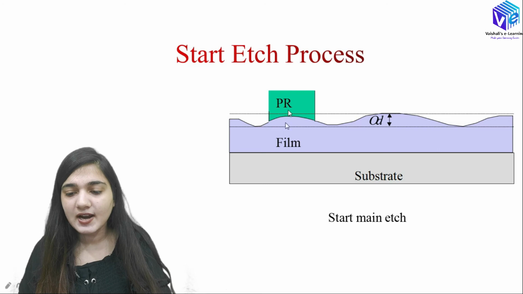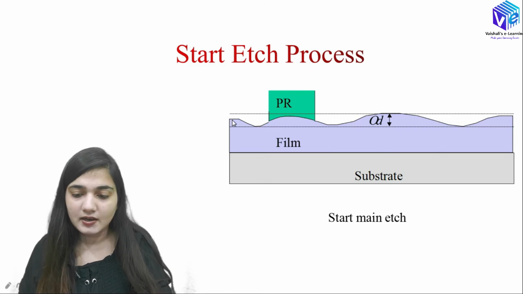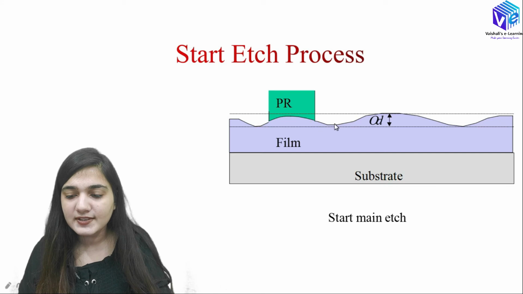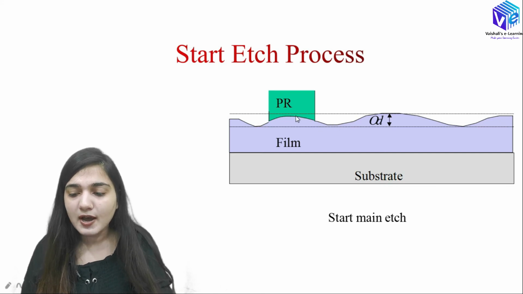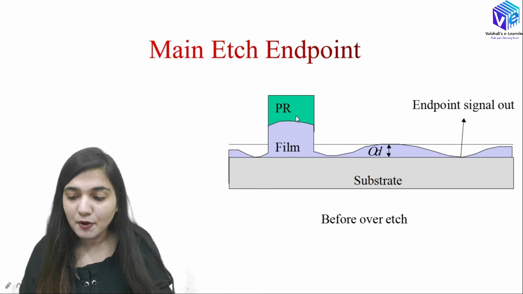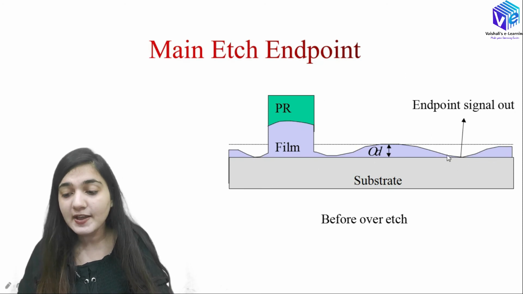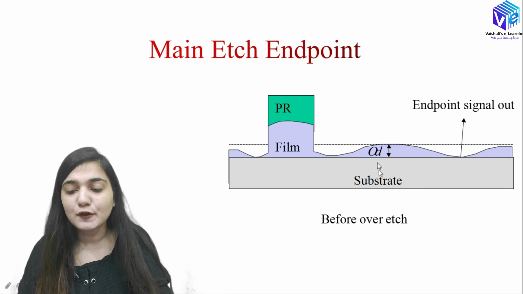So you can see at the starting, if I have a non-uniform etchant profile, here I have the lower thickness and here I have the higher thickness of the etching. Okay, so here you can see again the higher thickness of etching, lower thickness of etching. Now after the end point, you can see this is the end point, this should be the end point actually, but here due to the non-uniform profile, we have the material present on the substrate.